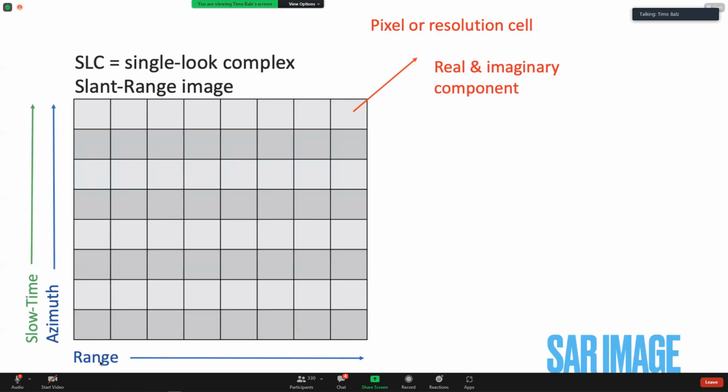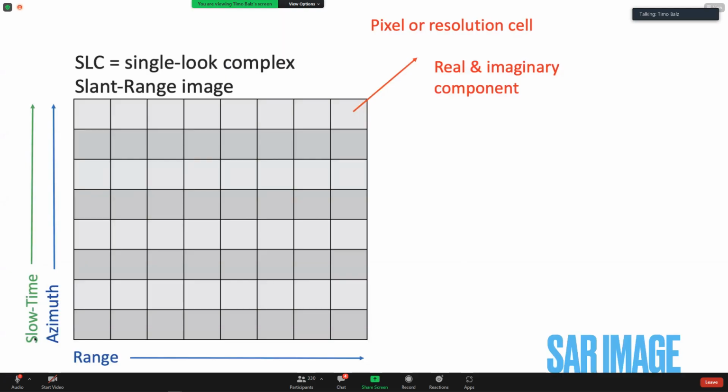There's also a different name for range. Range is sometimes called fast time, and azimuth is sometimes called slow time. Why? Because in range direction, as well as in azimuth direction, the unit from one pixel to another is actually given in time.